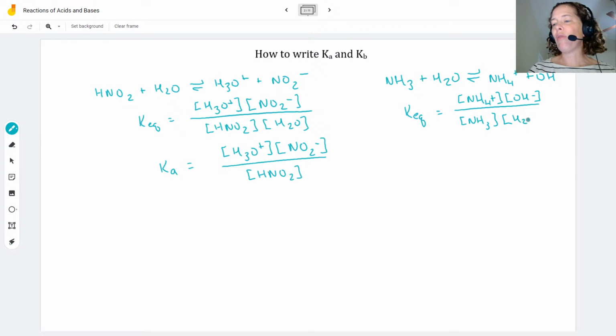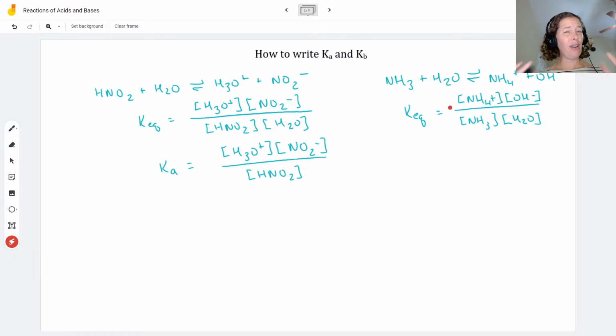times our concentration of water. And just like when we made our Ka by taking our concentration of water and folding it into KEQ, we're going to do the same thing here. Again, the concentration of water is not changing. It is considered to be constant, so we can just put that into our other constant in this equation, the equilibrium constant.